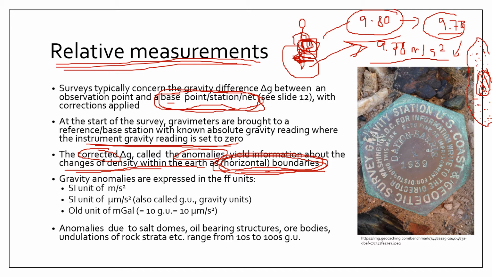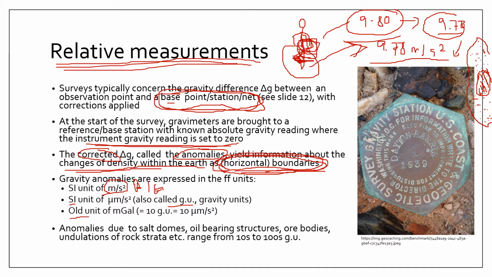Now, in terms of units, gravity anomalies or gravity readings are expressed in either meters per second squared, but this is too big. This is too huge. It's impractical. We also have micrometers per second squared, which is also called GU or gravity units in the System International.